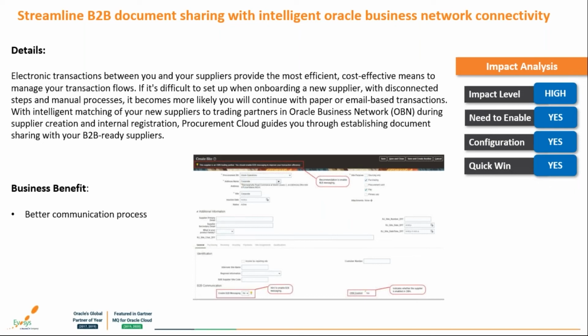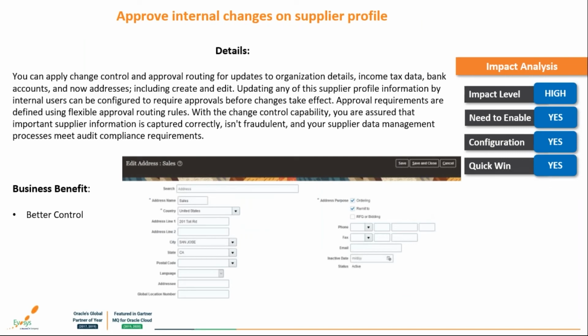So the next feature is approve internal changes on supplier profile. Audit compliances and fraud prevention are our top priorities, which make it critical to maintain the integrity of key supplier information, while monitoring changes to sensitive profile data is important.